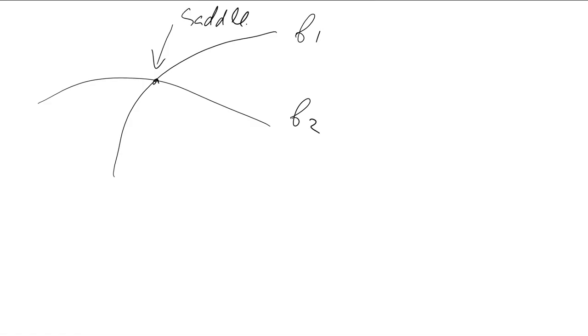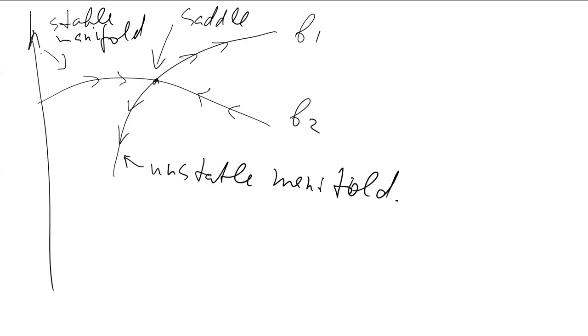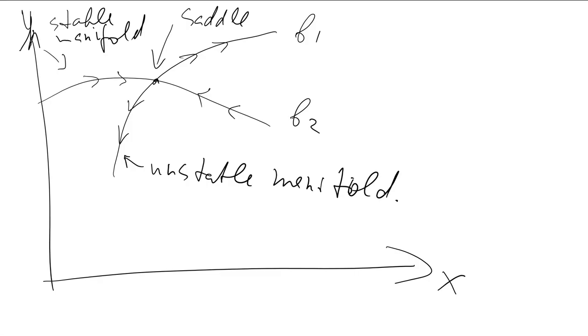So if it's a saddle, then we have motion away if lambda is more than 1 by absolute value, and motion towards if lambda by absolute value is less than 1. And again, this is called the stable manifold. This is called the unstable manifold. What is important: this is fine, this is a saddle.